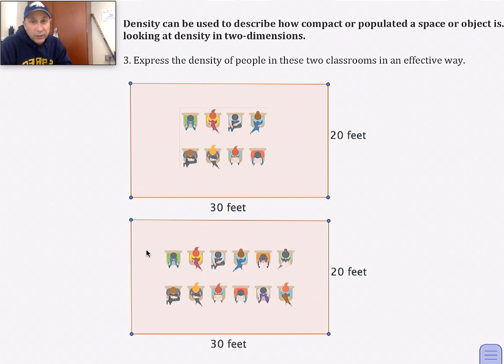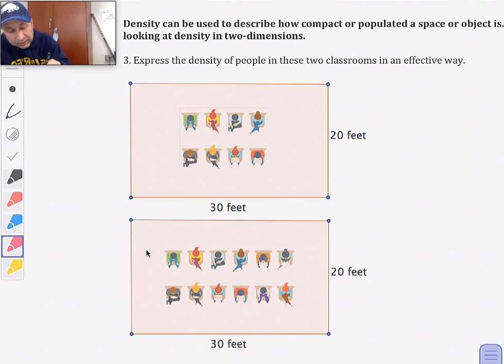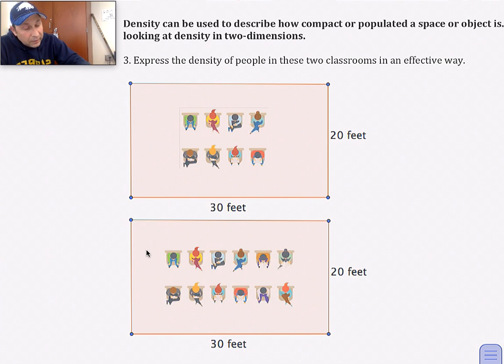Now let's actually calculate the density. To calculate the density, it's the amount that's inside the space divided by the amount of space. So in this one right here, there's 8 students, or 8 people in the one classroom.